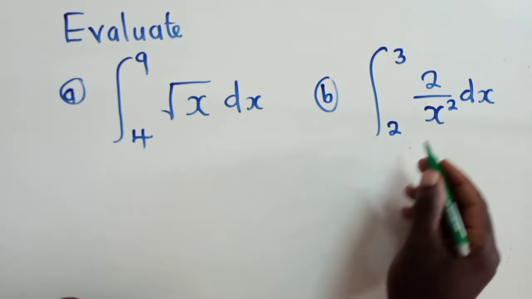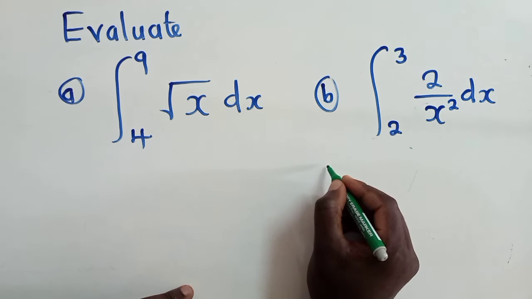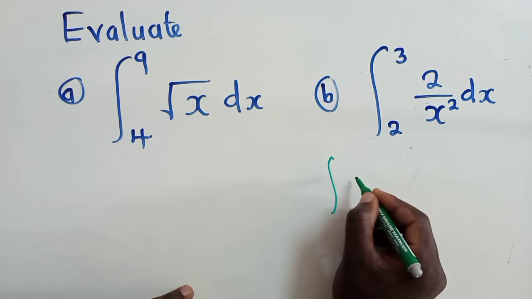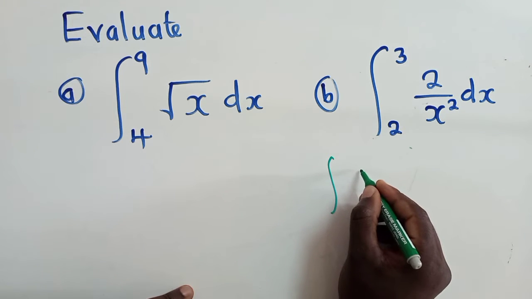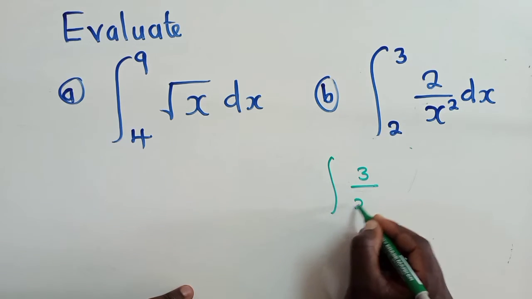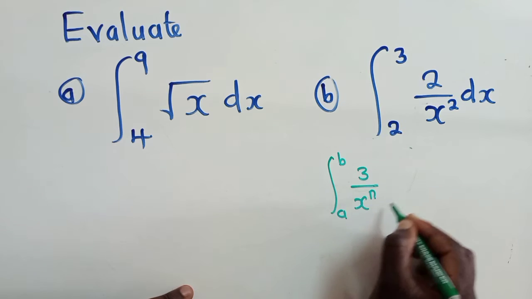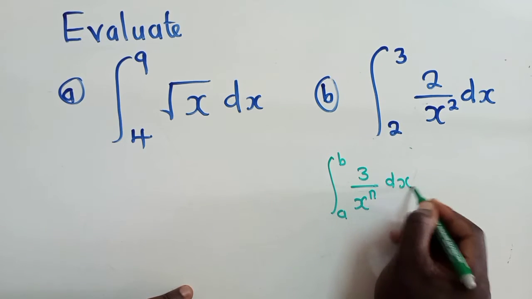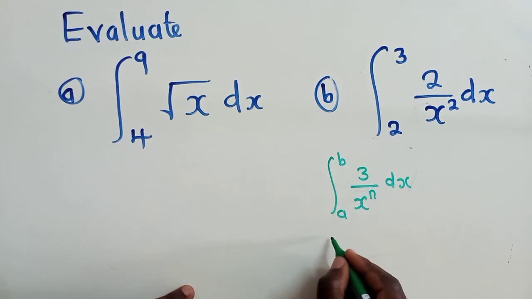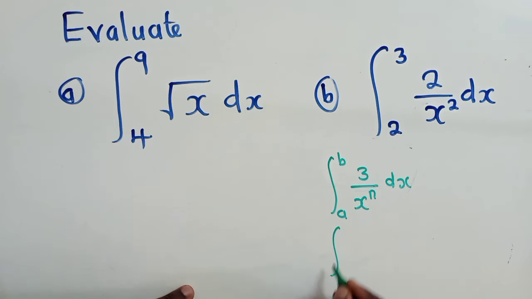All right. Here we need to understand some few things. So if you have a question, let's say like this, with x to the power n and dx. What we're going to do here is drive out this constant, but before we even drive it out, we are going to use the laws of indices.